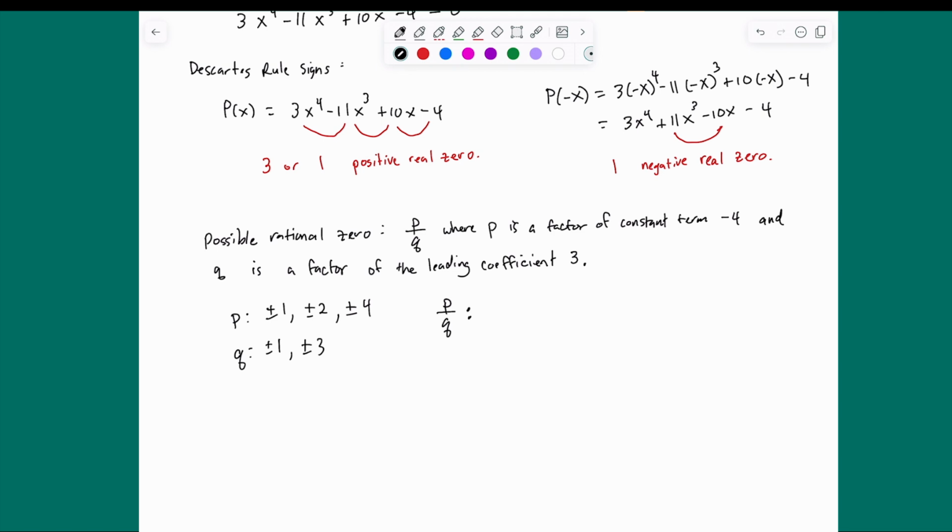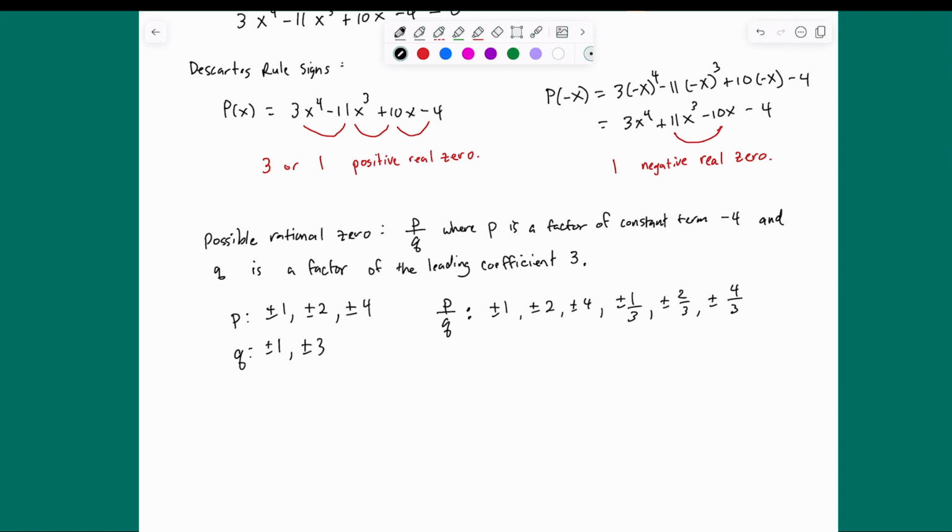Plus or minus 1, plus or minus 2, and plus or minus 4 divided by plus or minus 1 are just plus or minus 1, 2, and 4. Now we do the same thing, but divide by plus or minus 3. So we get plus or minus 1/3, plus or minus 2/3, plus or minus 4/3.